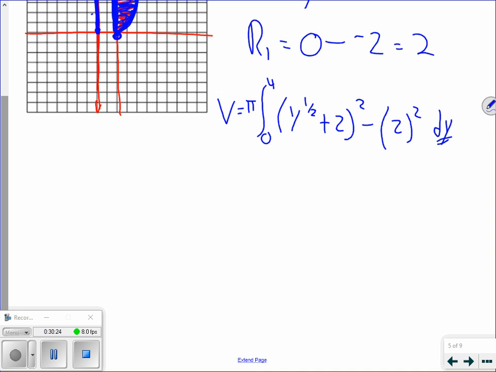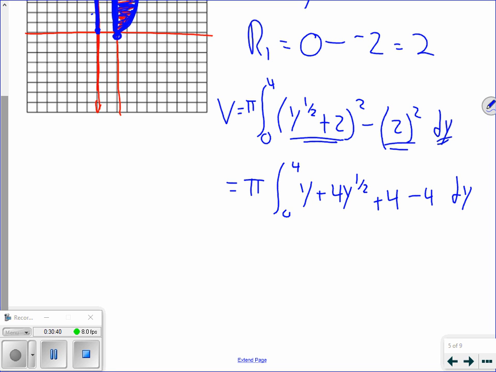Okay? So then we have pi integral 0 to 4. If I were to FOIL this out, we have y plus 4y to the 1/2 plus 4, and then minus 4 dy because of that. And those go bye-bye. So it's a pretty simple integration from here, right?